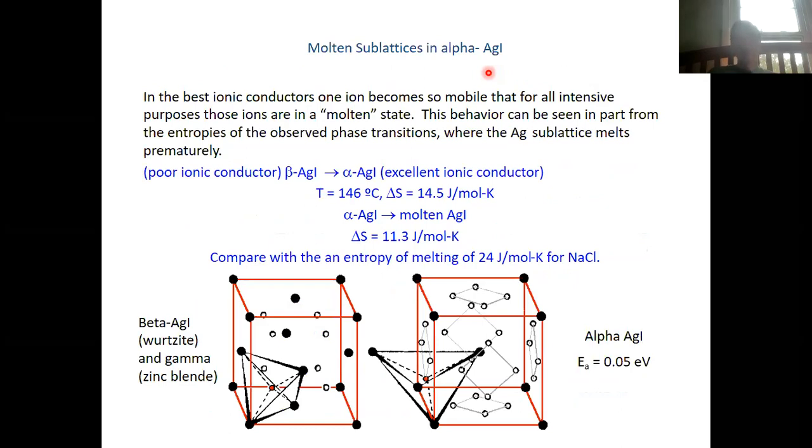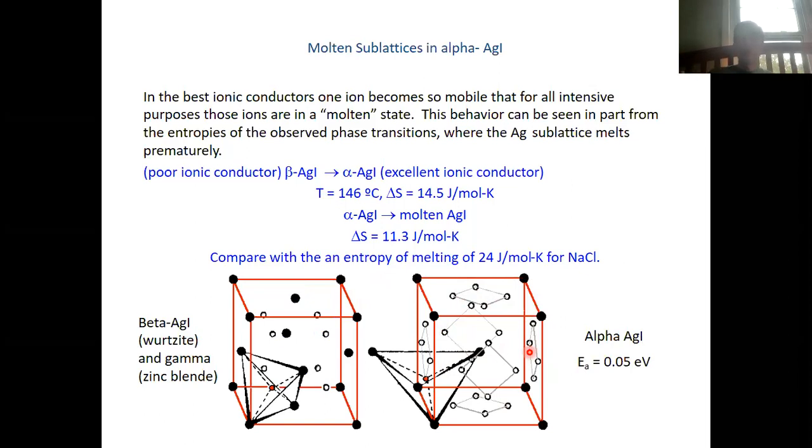Now, I told you in the last class that there are two phases of silver iodide. One is beta silver iodide, which has a very low ion conductivity, and one is alpha silver iodide, which has a very high silver ion conductivity. So you see that rule number 4 is certainly not sufficient to produce a good ion conductor.